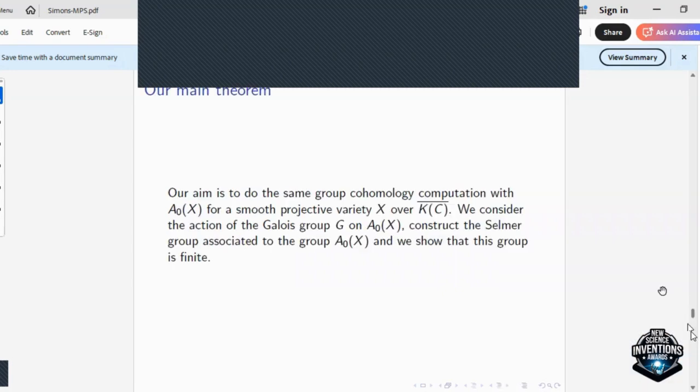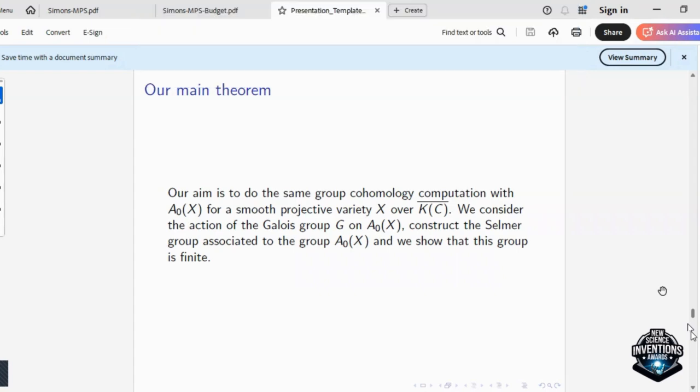So our aim is to do the same calculation for some group. This group, which we defined at the beginning, is called A0(X), where X is a smooth projective variety over K(C) bar. So we consider the Galois group G acting on A0(X), consider the Selmer group of A0(X) in the same way, and we show that this group is finite.